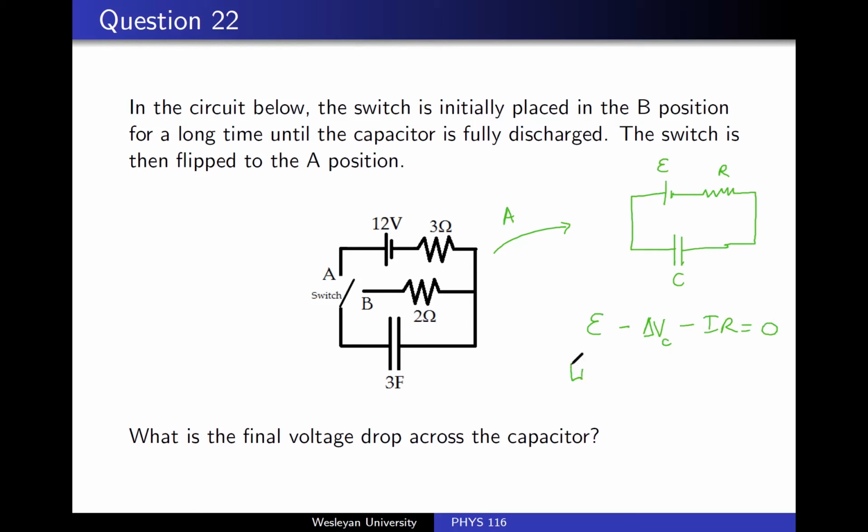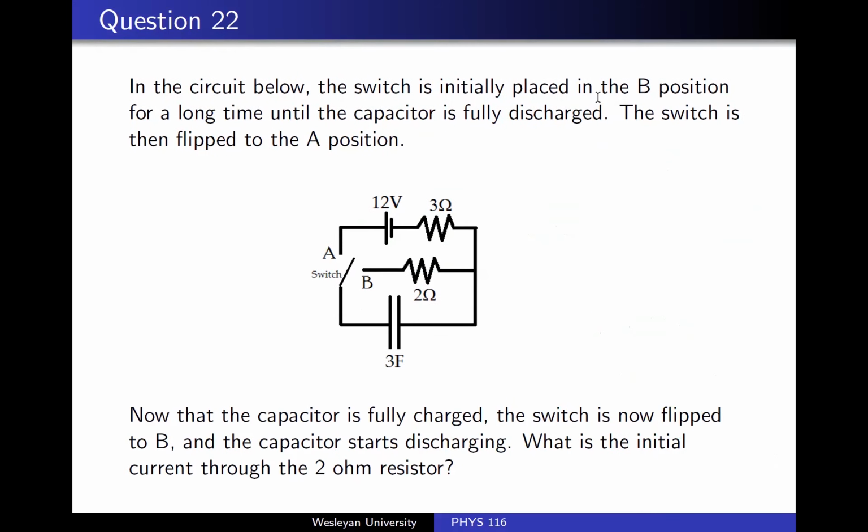However, when t tends to infinity, we know that the current tends towards 0. And so we get simply that delta V_C is equal to E in this case, which is the full 12 volts of the battery.